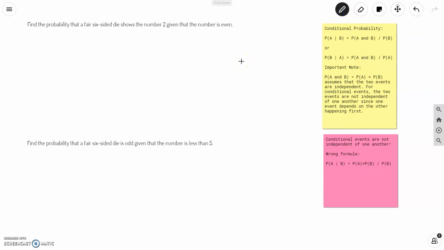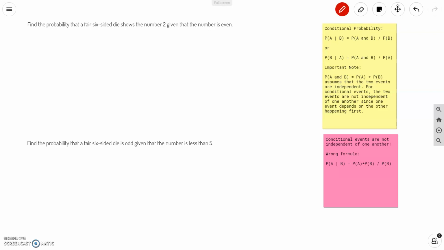Okay, so now back to our problem. So again, we want to find the probability that a fair six-sided die shows the number 2 given that the number is even. And so for this problem right here, let's go ahead and define what our event A is and what our event B will be.